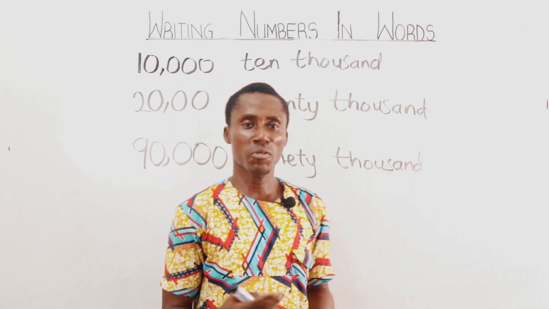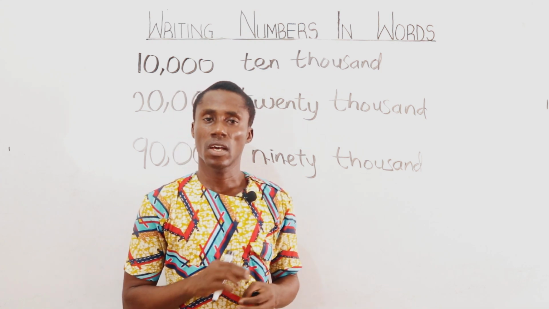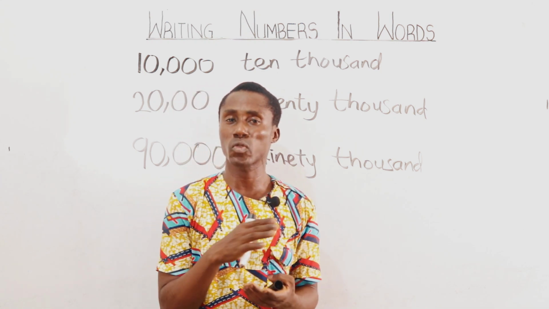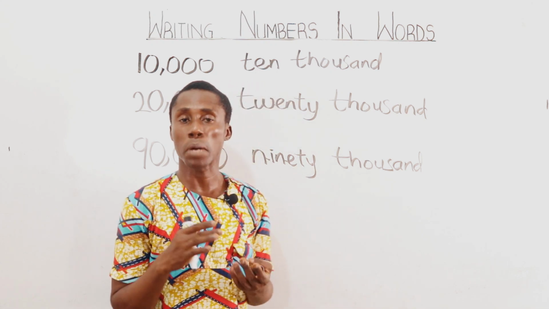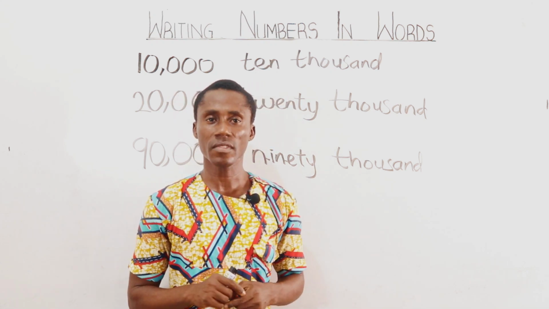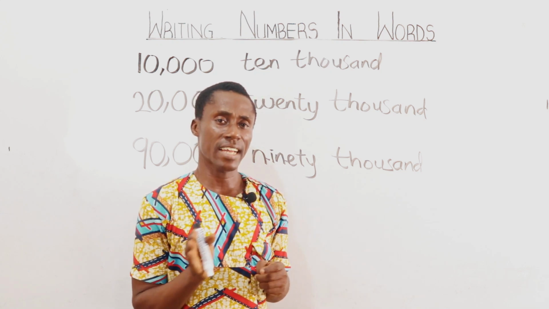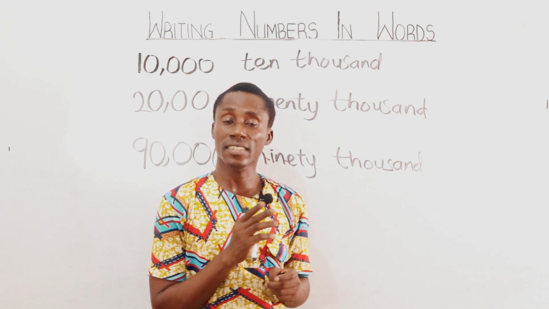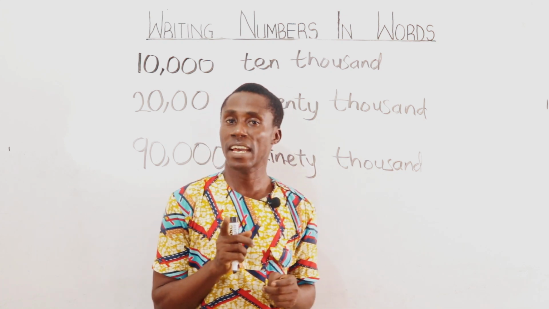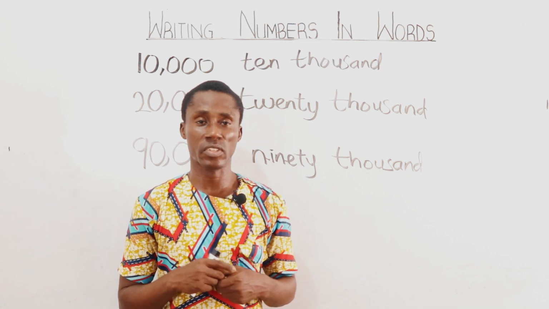So now that we know how to write the 10,000s, let's look at how to write the numbers between or among them. And we are going to do that by adding the ones. And then we will add the tens. And then we will add the compound numbers.